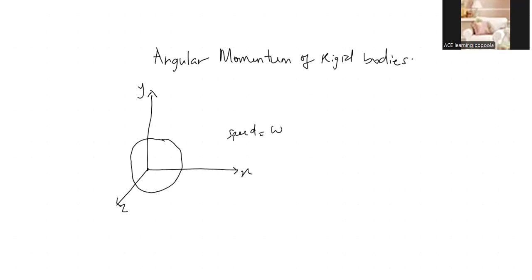When the body as a whole rotates, all the tiny particles in that body rotate also. And they will follow a circular path whose center is going to be the origin. The center of the circular path that every particle within this body follows as it rotates with a speed of omega.